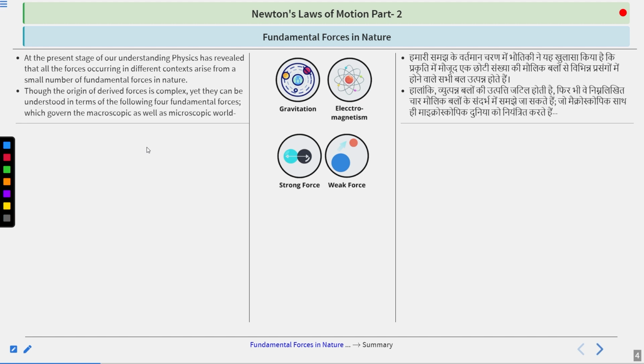The origin of derived forces is complex, yet they could be understood in terms of the following four fundamental forces, which govern the macroscopic as well as the microscopic world. These are the absolute forces so far, and all other forces are derived forces.